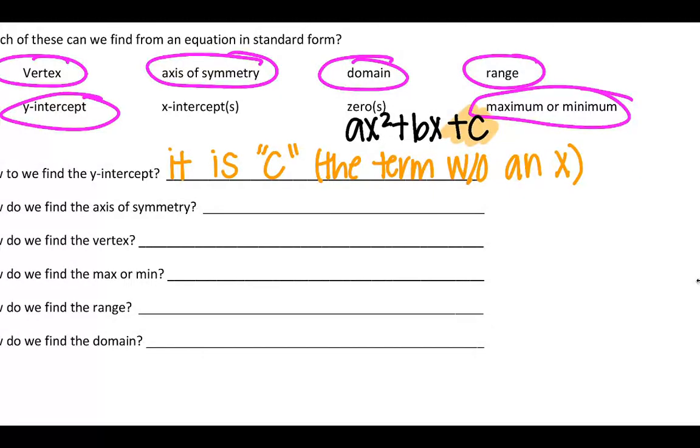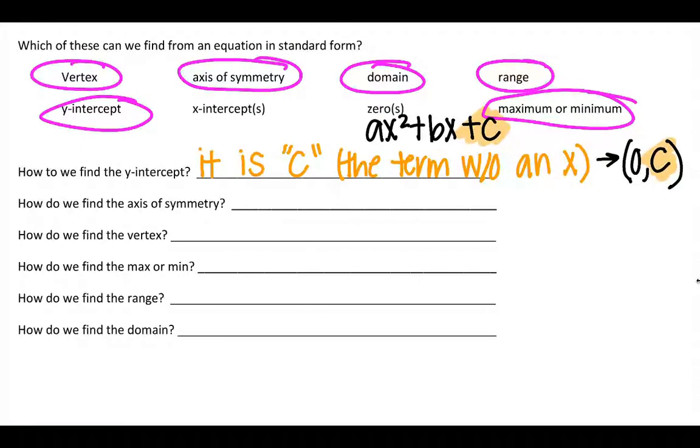And if it's on the y-intercept, think about it. Here's my x and y axis. If I am on this line right here, that means I'm not moving any to the right or to the left. So it's over 0, and then it's going to be whatever your c term is. So in our case, your answer is going to look like 0, comma, c. And again, you're getting that c term from that last term.